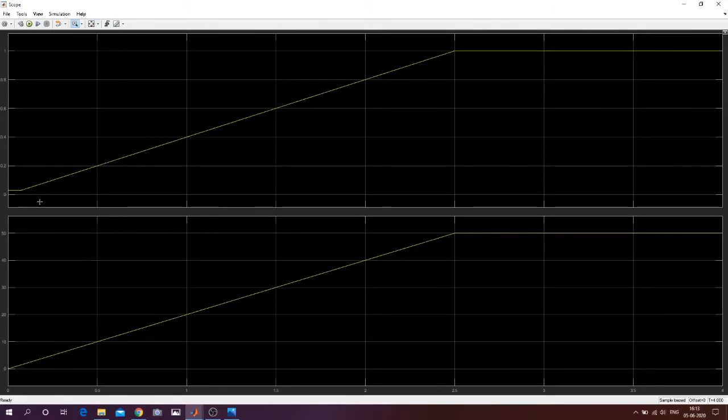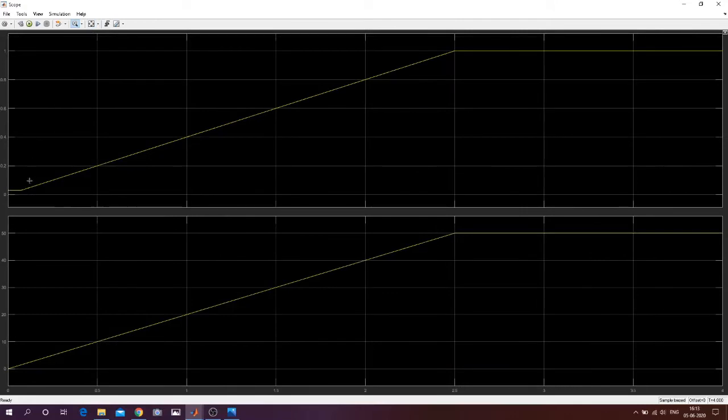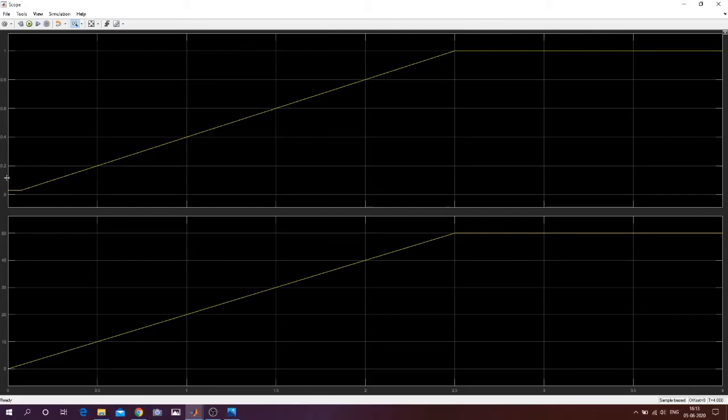And you see in this part that it has started from a certain height. This is what is needed in V by F control. This is voltage drop compensation, so we have incorporated the voltage drop compensation over here. This is going from 0 to 50 hertz, and the amplitude is going from 0 to 1. Later on we will multiply it with the V phase voltage.